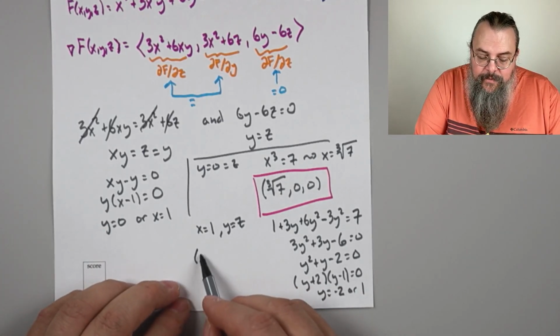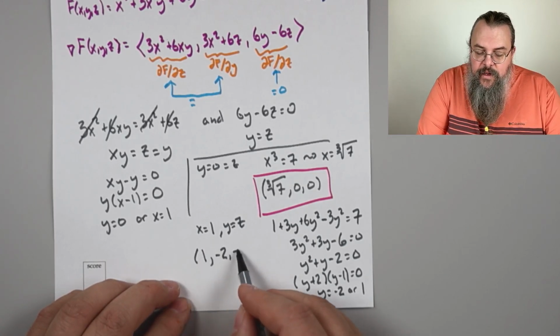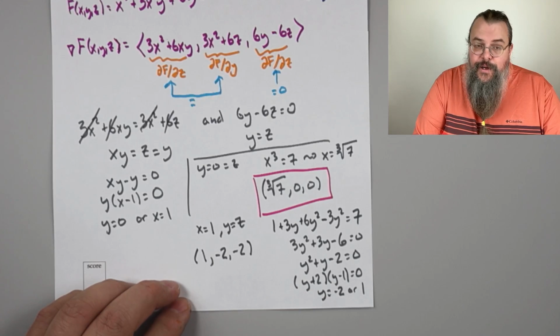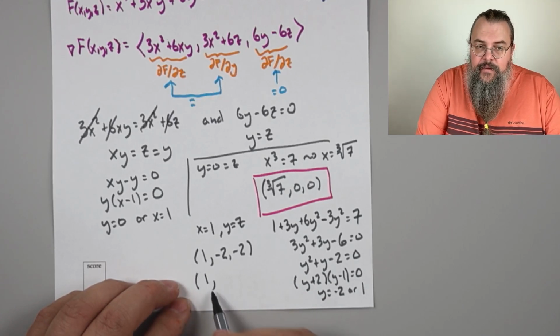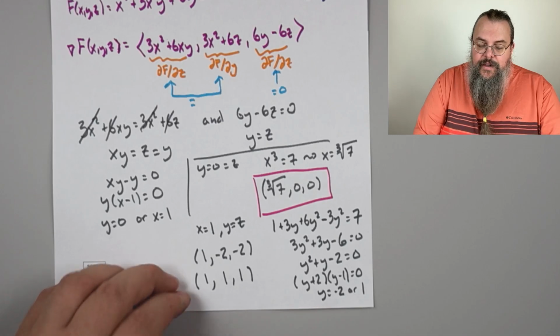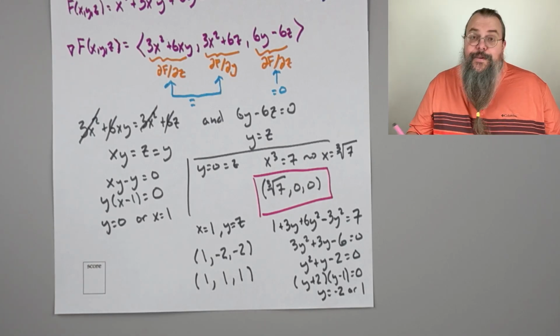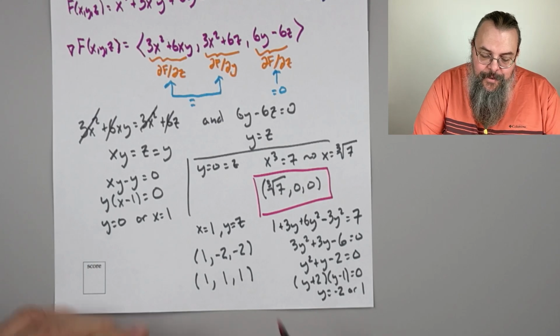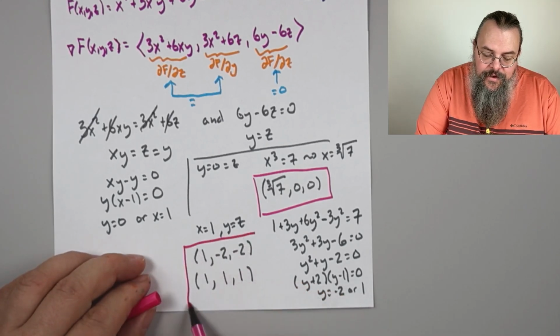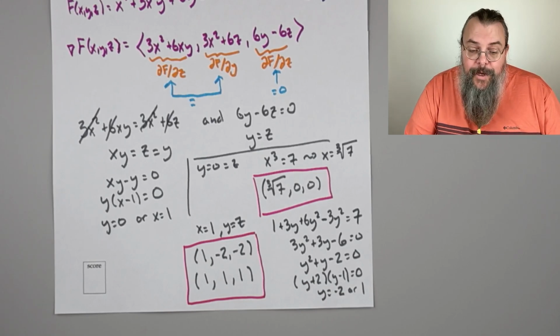Namely, we have 1 for x, then y could be negative 2, or 1 for x, and then y could be 1 and z could be 1. And so we end up with a grand total of 3 points: (cube root of 7, 0, 0), (1, negative 2, negative 2), and (1, 1, 1).